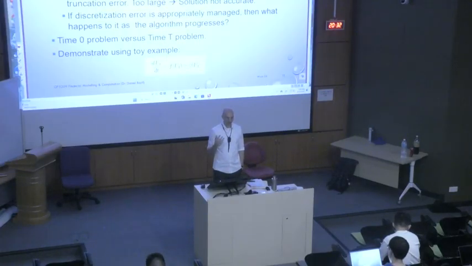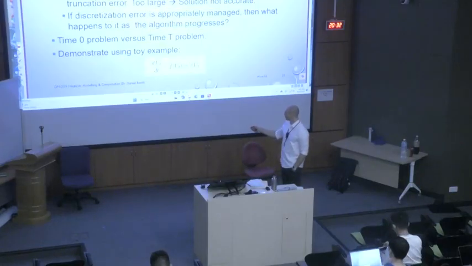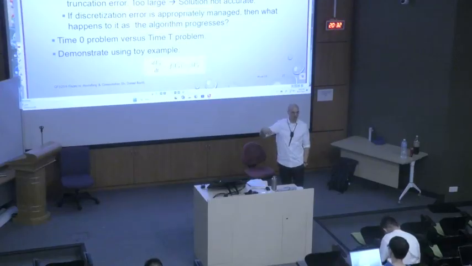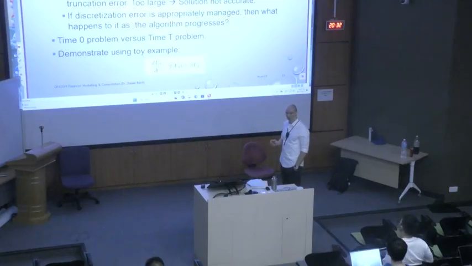We were interested in PDEs, specifically the numerical solution of the Black-Scholes PDE. What I'm going to do instead is consider this basic idea of implicit versus explicit just for this ODE, keeping in mind that we're actually doing PDEs, but just for the sake of presentation.